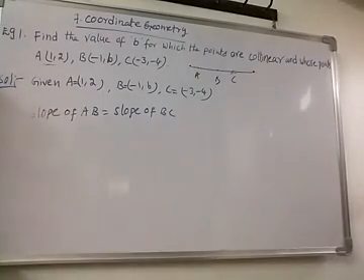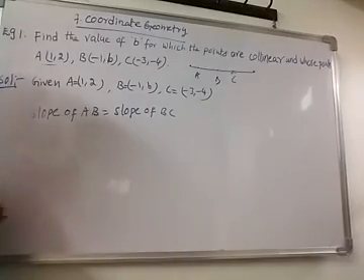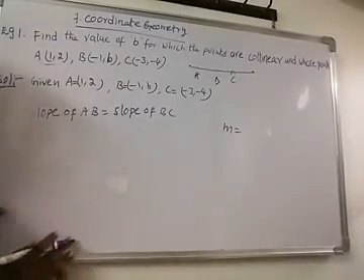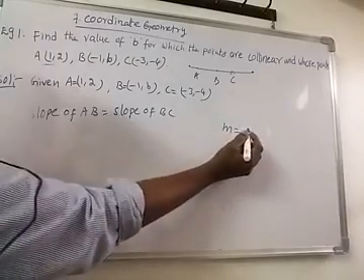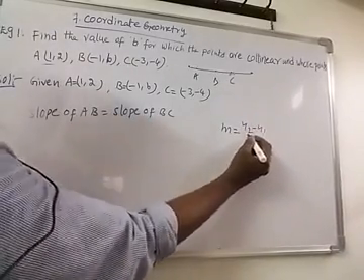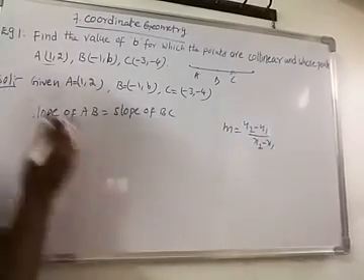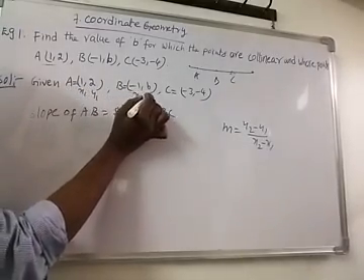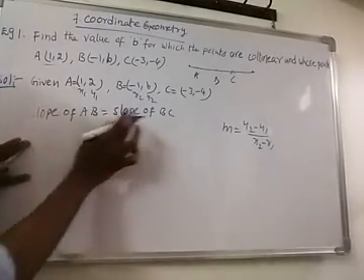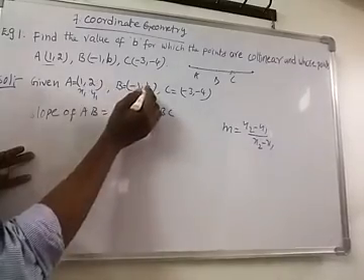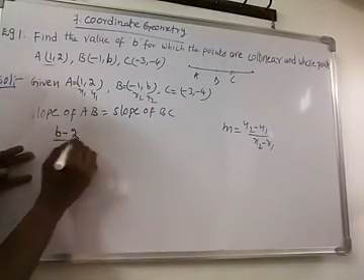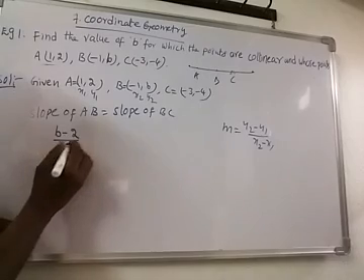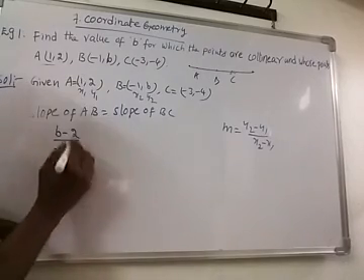We know the slope of two points is denoted by the letter m, that is m = (y2 - y1)/(x2 - x1). Now the slope of AB: this is x1, y1, this is x2, y2. So the slope of AB is (b - 2)/(-1 - 1).